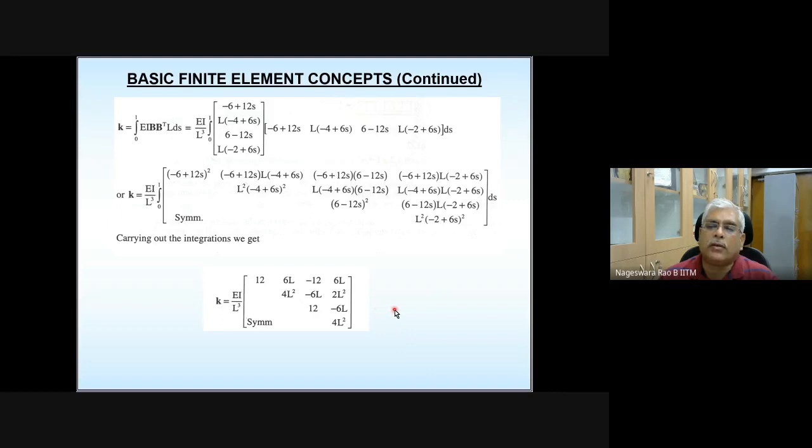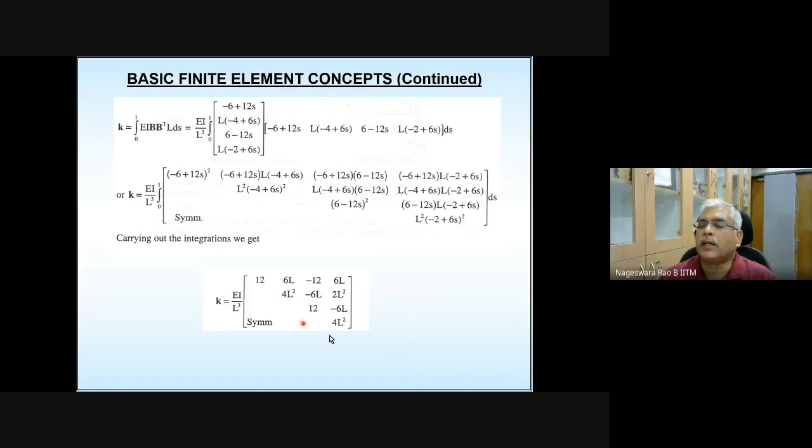You might have used a different approach to derive each of these components in the stiffness matrix, but here the approach is different. Finally, the stiffness we get should match what you get from structural analysis. So please make a comparison.